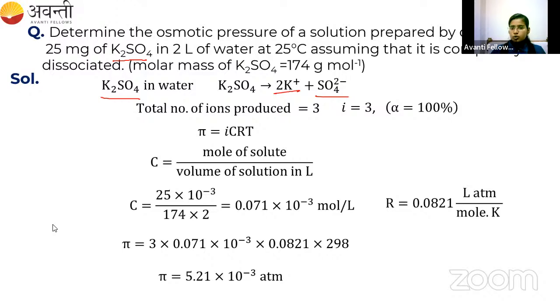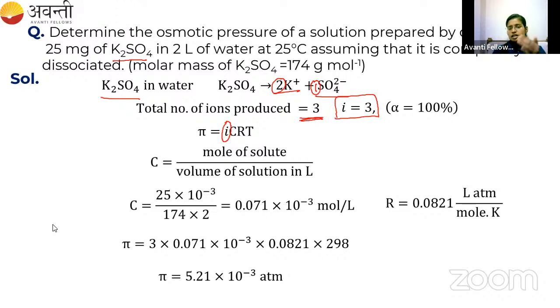I will show the previous slide here. Let me complete this one. 2K plus and 1 SO4 2 minus. So 2 cations and 1 anion. So 2 plus 1 is 3. So that is the value of i.